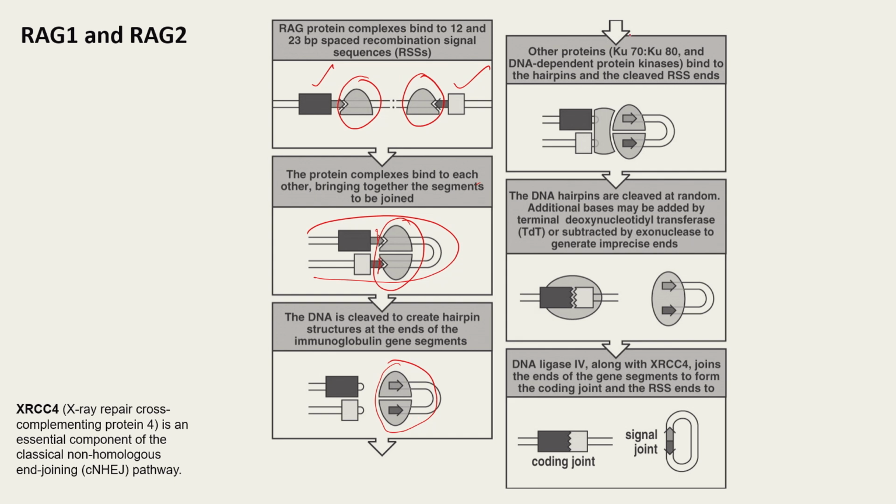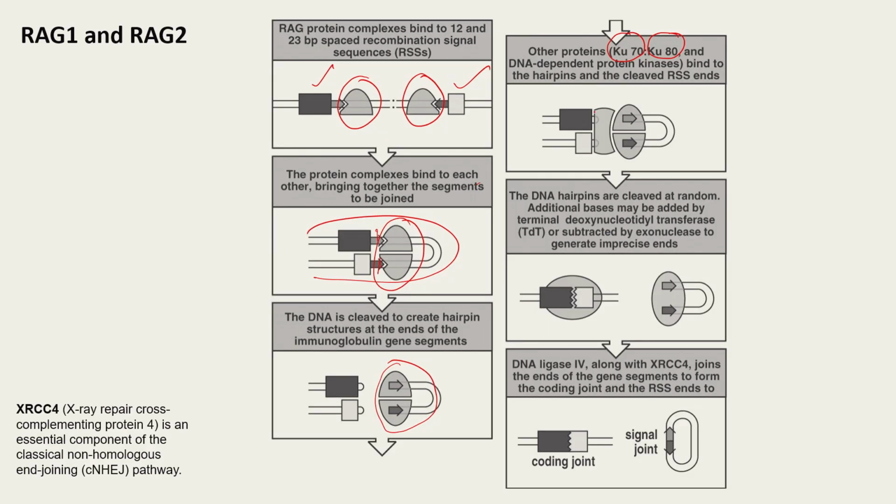One is the Ku protein, Ku70 and Ku80, which is important during this process, and also DNA dependent protein kinases, because these are required for ligation and other important processes which require the joining of these two chains together.